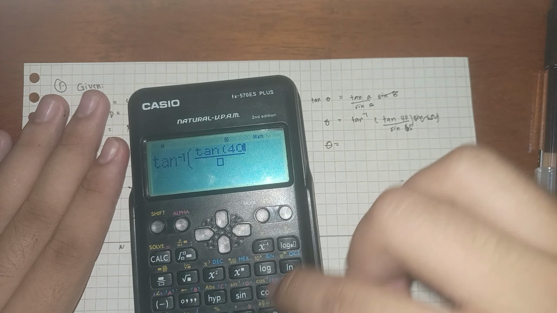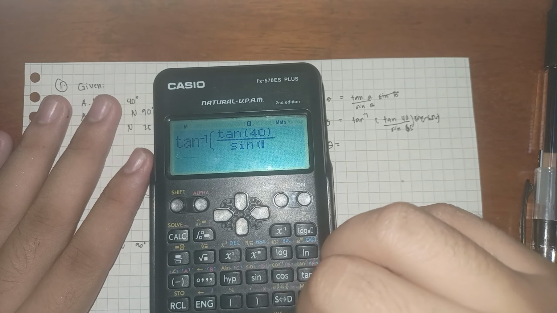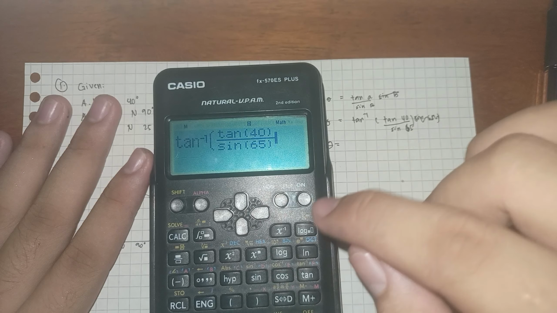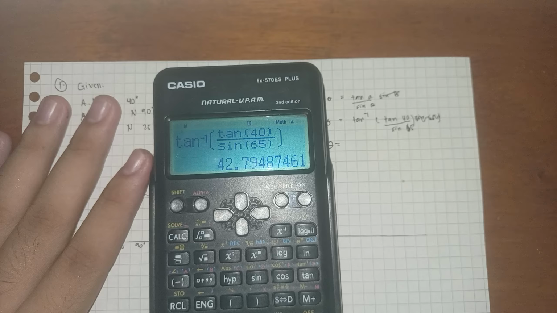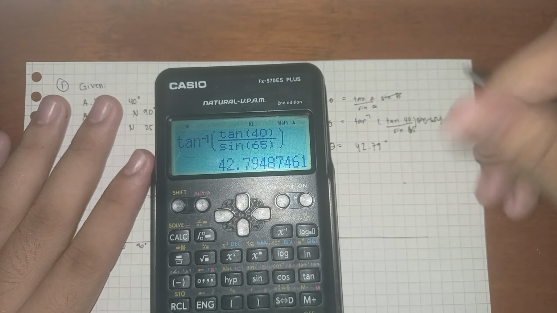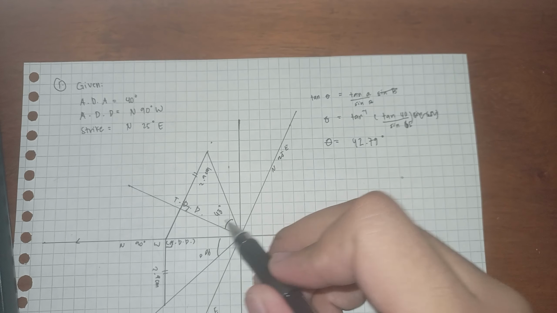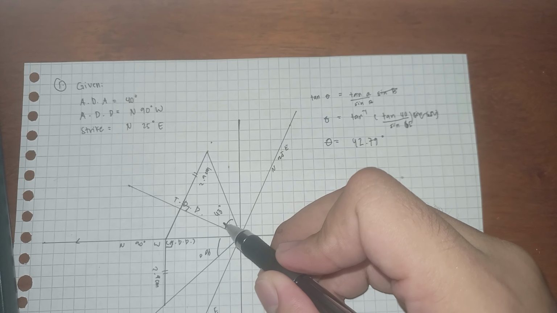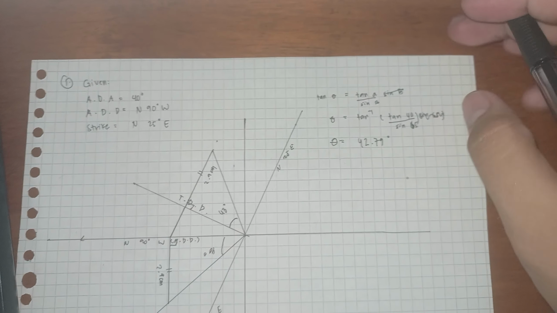Tan 40, which is our apparent dip angle, and sine 65, which is our beta, the difference of strike and apparent dip direction, 42.79. So that is the angle based on that trigo. So if you compare your solution on the orthographic and the trigonometric, it is almost similar. So you can safely say that your answer is correct.